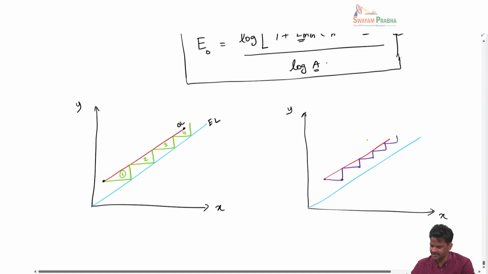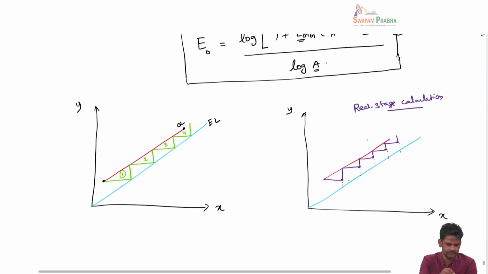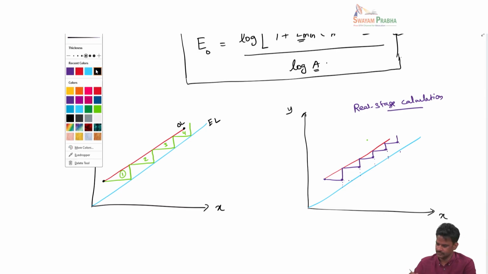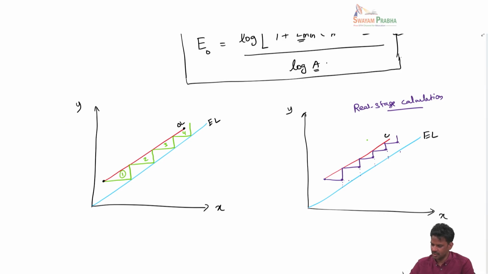Because this is the extent by which the actual mass transfer happens, and you never reach the corresponding equilibrium line. So this would correspond to a real stage calculation. This is the equilibrium line, this is the operating line, and 1, 2, 3, 4, 5 and so on.